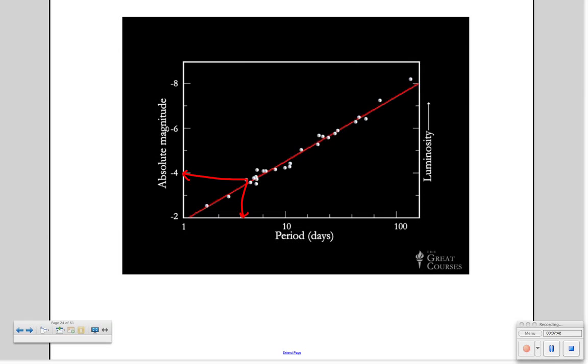Once we know the absolute luminosity and the apparent luminosity, the difference between those two tells us the distance to the star by using this formula. D is the distance to that star.